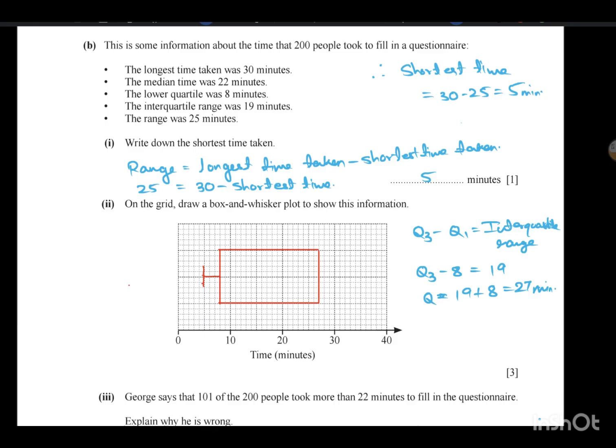Then the longest time taken is 30, so just draw a small line again. Yeah, this is complete. Let us draw the median also. Median is 22 minutes. 22 minutes will be after 20, this line.